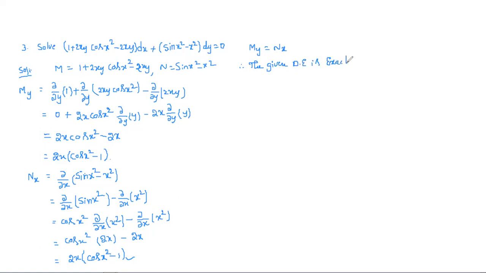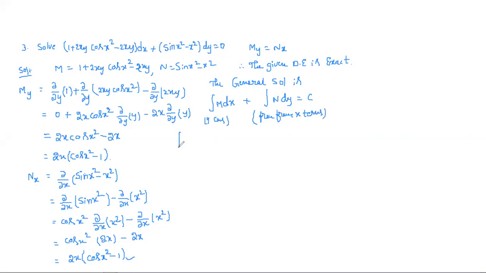And next, if it is exact, we need to find the solution. So the general solution is, what we know, integral M dx, treating y as constant, plus integral N dy, only of the terms free from x, that is, without having x.